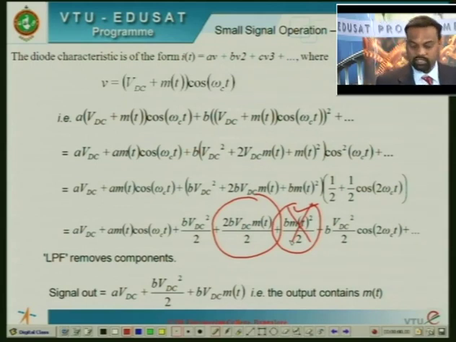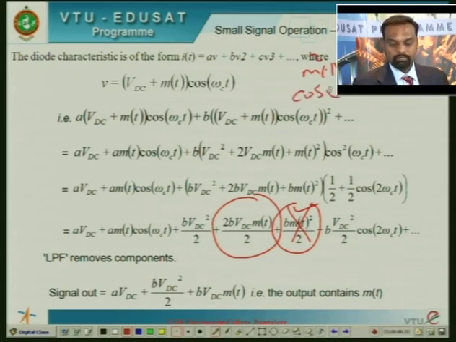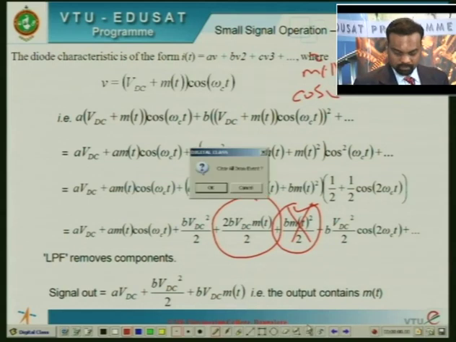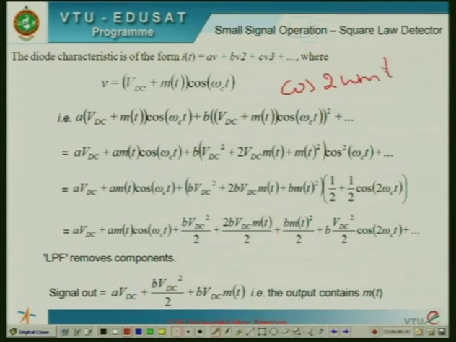What I mean is, if m(t) is equal to cos ωmt, and you take the square of this, it gives rise to cos 2ωmt. Whenever you take this component, cos 2ωmt, the frequency is multiplied by 2.